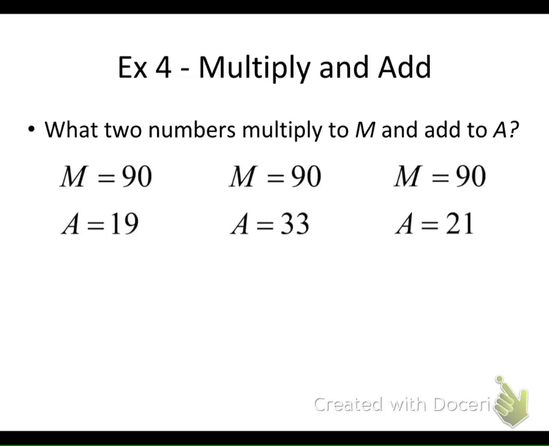Let's do our factor pairs of 90. Our multiplier is 90 now, so we need to find our factor pairs. 1 and 90. 2 and what? 2 and 45. 40 times 2 is 80.